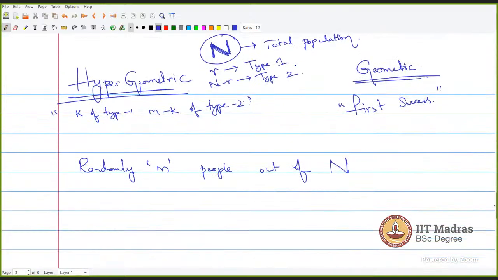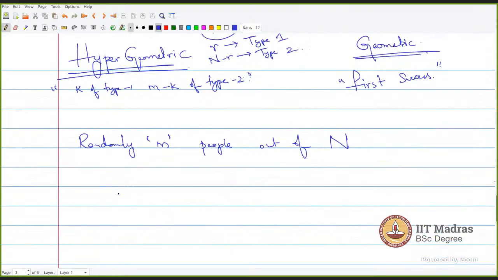So even here, if I wanted to write the PMF of this, the probability that X takes value k, that means the probability that k of type 1 are observed, is equal to R choose k.